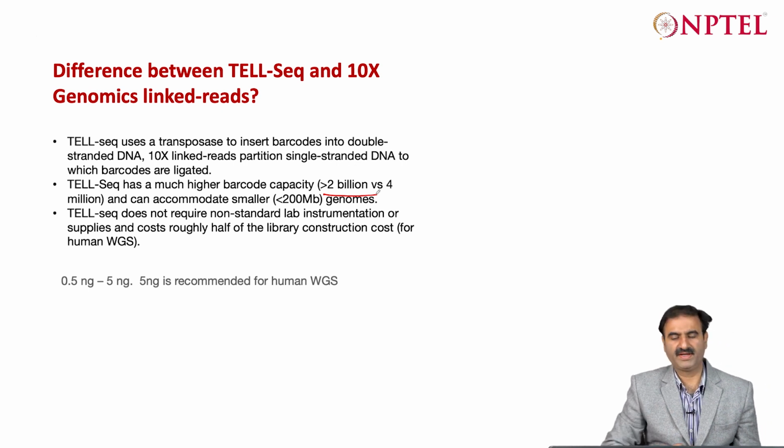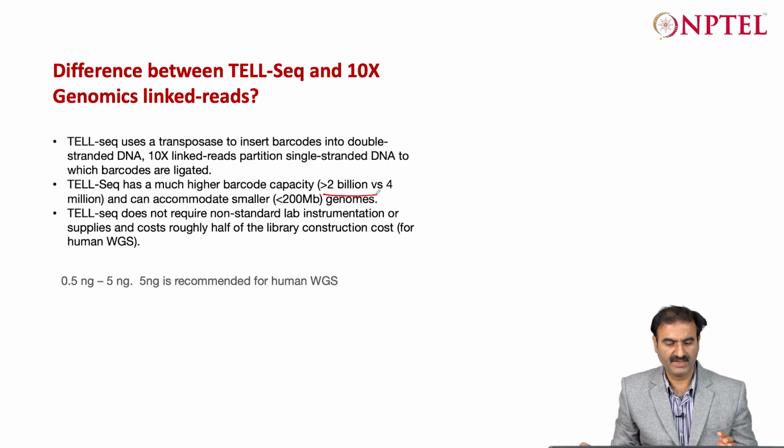Tell-Seq uses all the components which are well supported or standardized by Illumina, and the library preparation cost is also half of 10x Genomics, so it may offer a cheaper platform for linked-read genome sequencing.